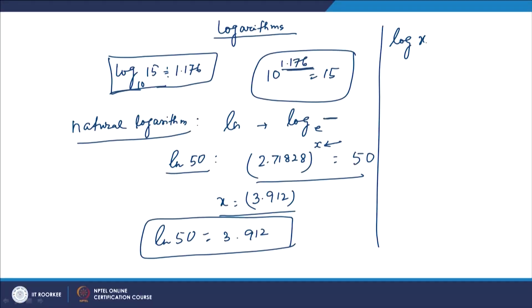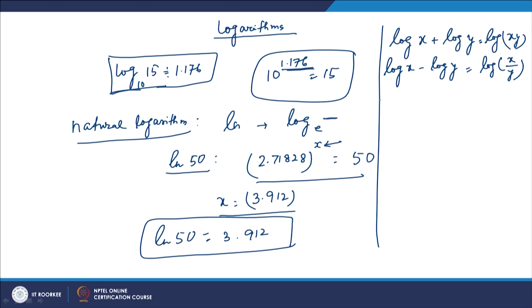Similar to log, you have the use of anti-log also, and there are rules of logarithms, similar to the laws we have seen for exponents. If you have log x plus log y, it will be log xy. Similarly, log x minus log y will be log x by y.